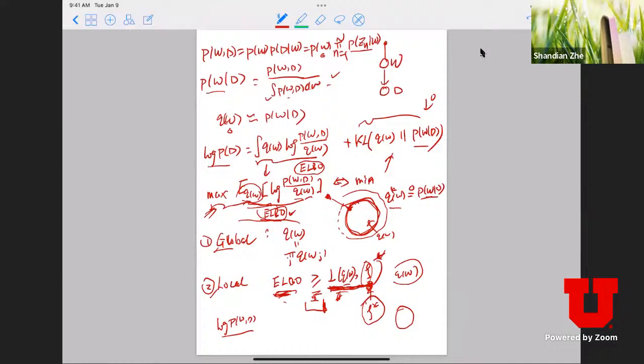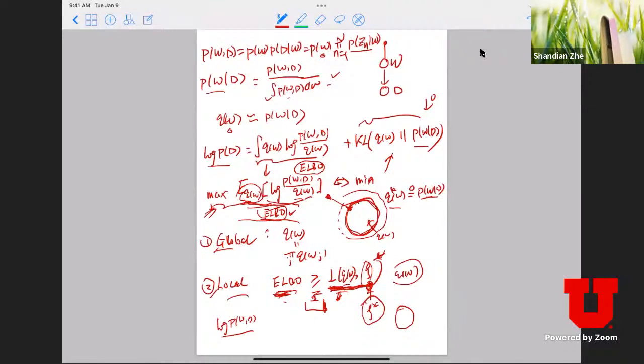And if you want to optimize it, because this is an expectation, in the stochastic optimization framework you can calculate a stochastic estimate of this expectation, and this is far more frequent than the local version inference in today's approximate inference area.